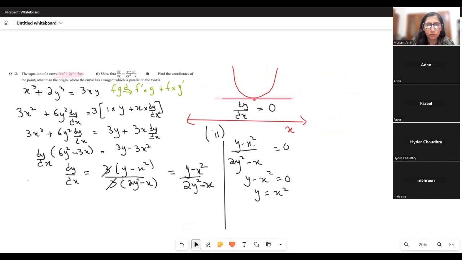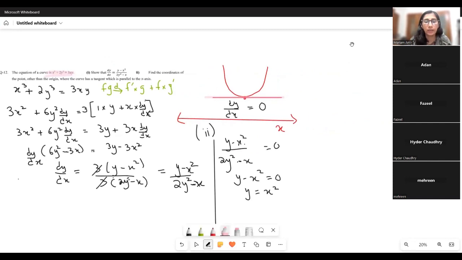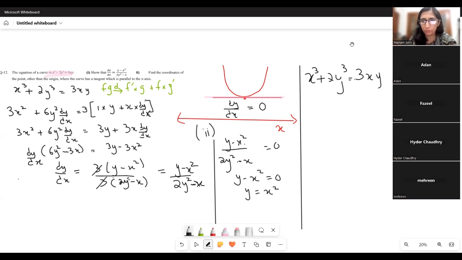All right. Substitute it in the original equation, which is x cubed plus 2y cubed is equal to 3xy. Okay. So replace y with x squared. So we get x cubed plus 2 times, instead of y, I'm going to write x squared, and then we cube it.